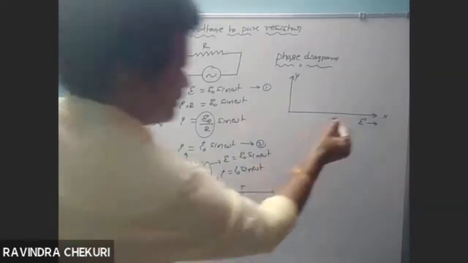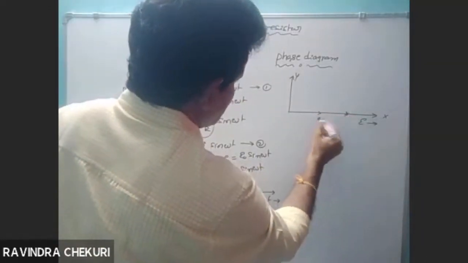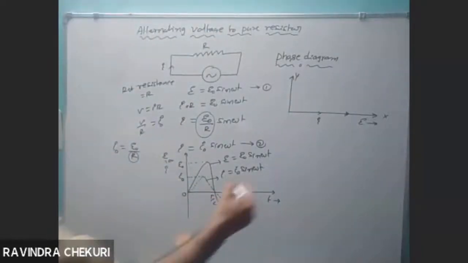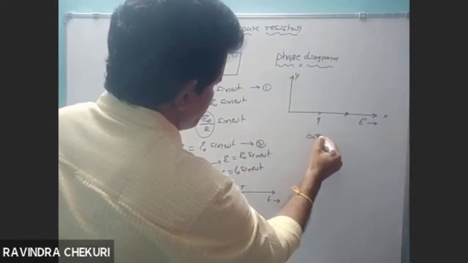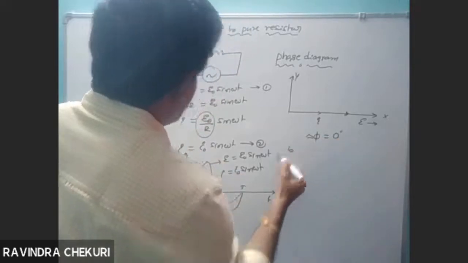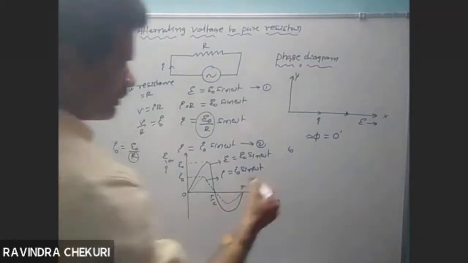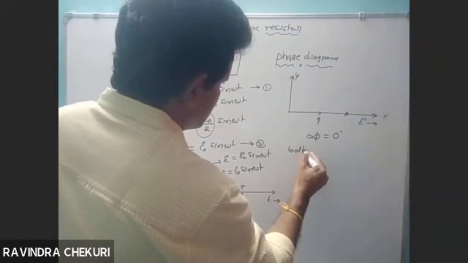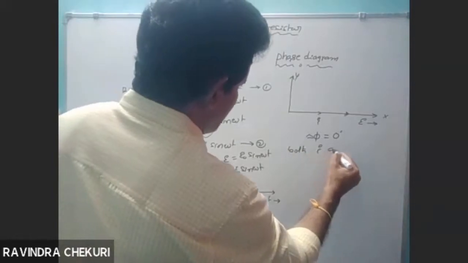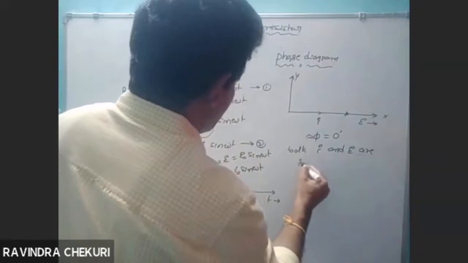Zero. The current is also in phase with the EMF. So in the case of alternating voltage applied to a pure resistor, both current and EMF are in phase.